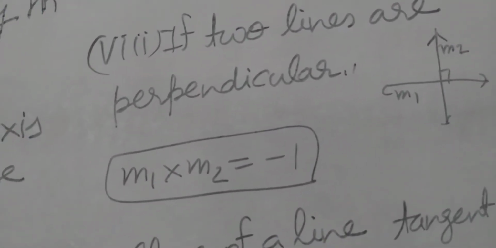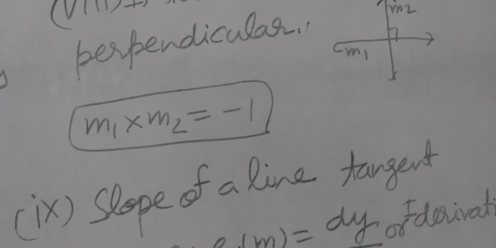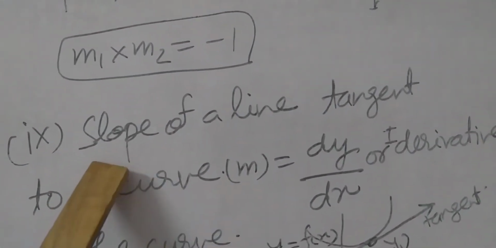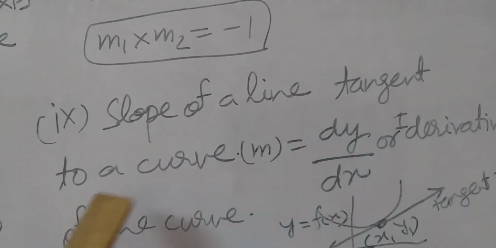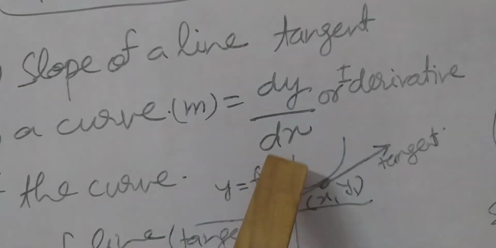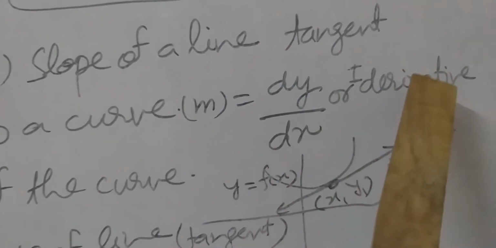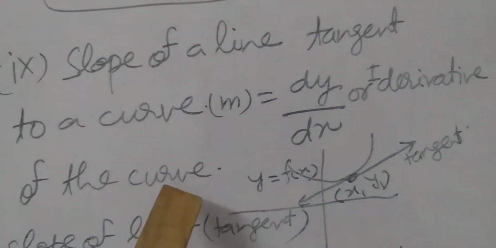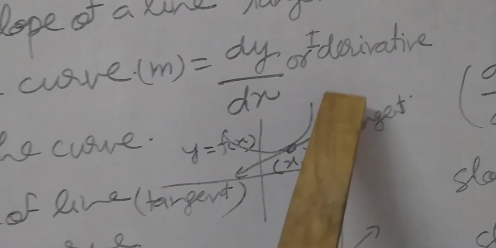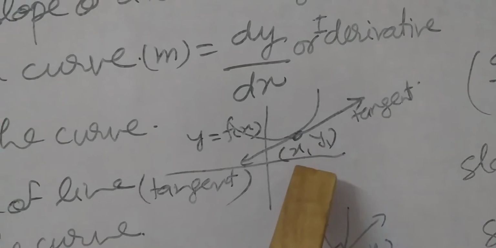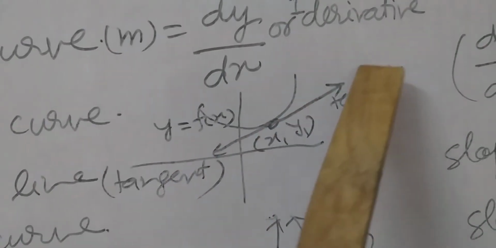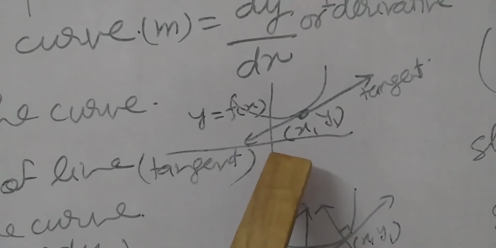Now, students, we have to find out slope of tangent. So, slope of a line tangent to a curve equals dy by dx, means the derivative of the curve. This is the curve, student. This is the point x1, y1. At this point, we have to find out the slope of tangent.